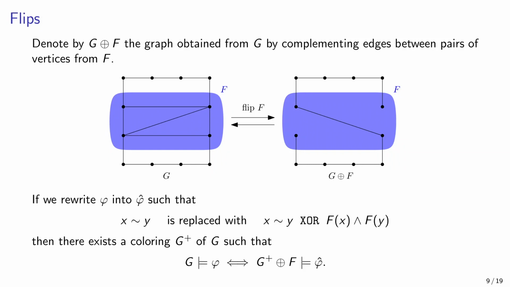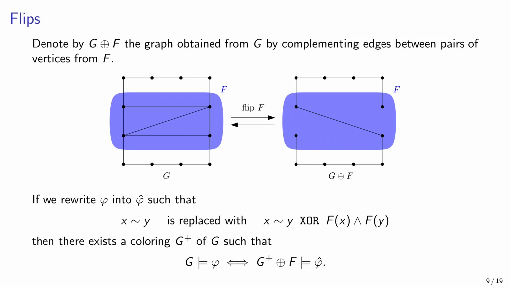But also from the perspective of first order logic, flips are a very tame operation. For example, instead of asking whether G models phi, you could ask whether the flipped graph models a rewritten version of phi. How do we do this rewriting? Instead of asking is x connected to y, we rewrite this atom with is x connected to y XOR are x and y both contained in the flip set.